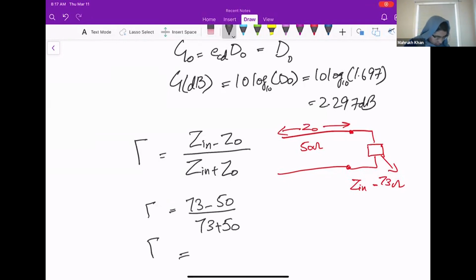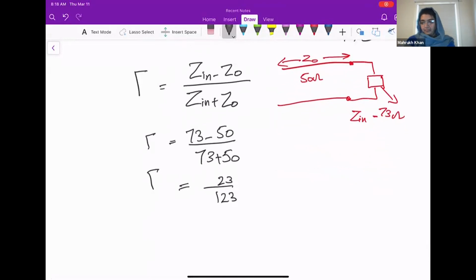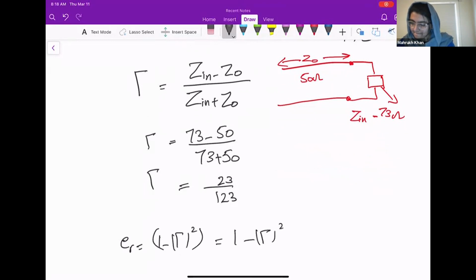And I don't know what it is, 123, 23 by 123, something like that. So our reflection efficiency will be 0.965.